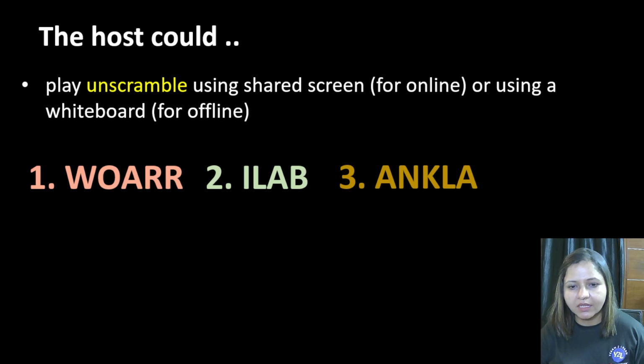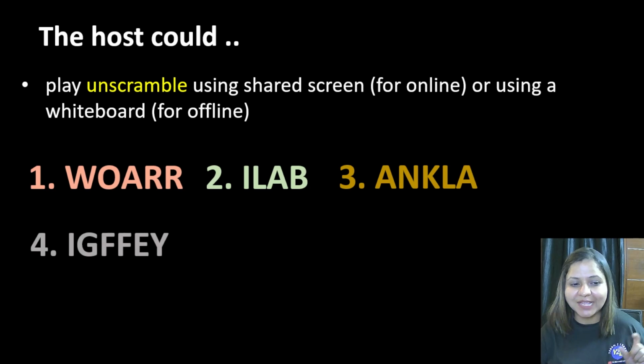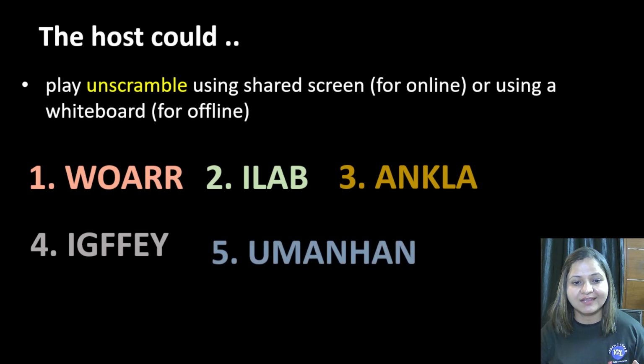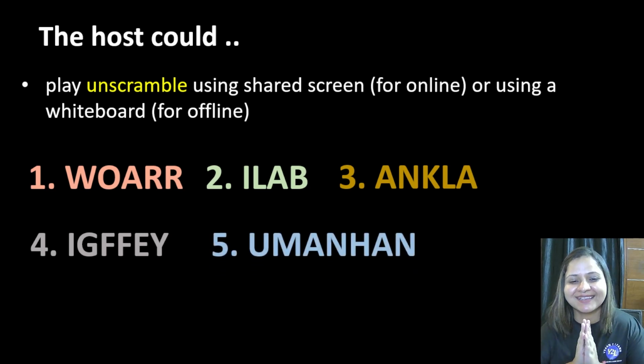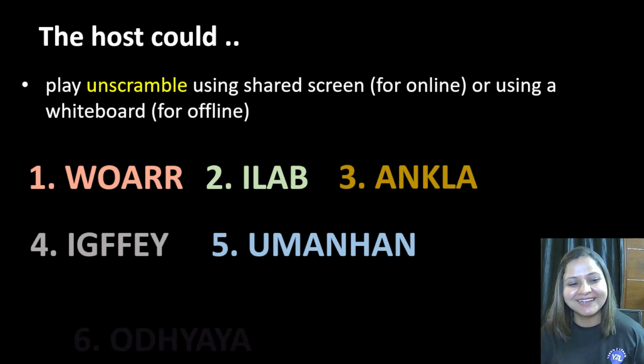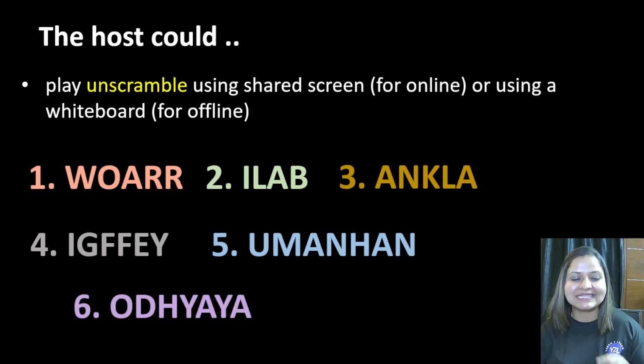The third one is the name of a place where Ravan used to live. The fourth one is the name of the thing that is burned every year on the occasion of Dussehra. Fifth one is Hanuman. Okay, I've told you. And the sixth one is the birthplace of Lord Ram.